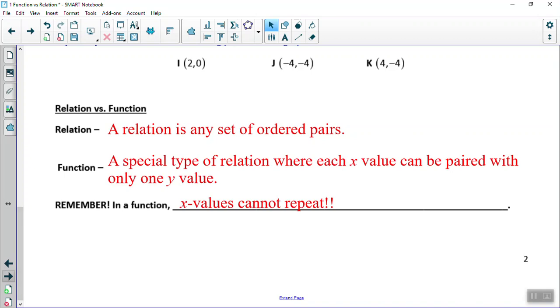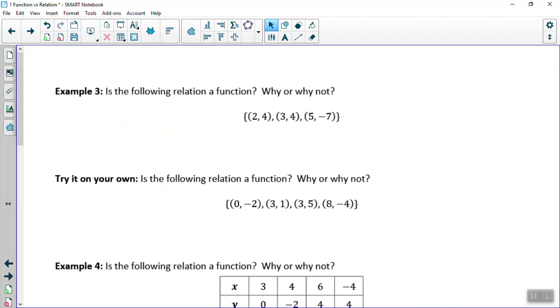All right, let's go to the next page. We're going to take a look at this set of ordered pairs and try to figure out, is it a function? And then why or why not? So remember, our key thing on the previous page was x values cannot repeat. So all I'm going to look at are my x values.